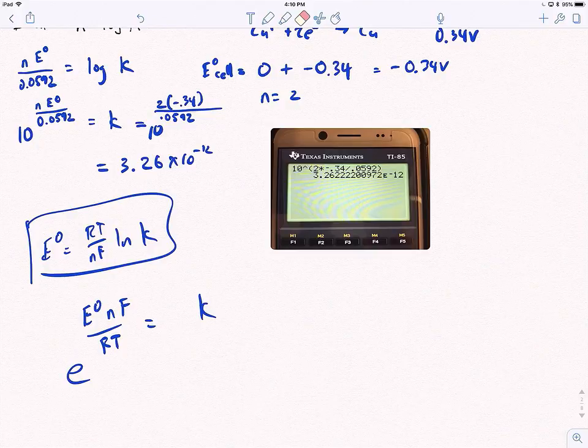It's actually more proper because you're using the natural log instead of the log, and so you have less error that way. But you can use this way as well. I can even show you. The answer is going to be slightly different because of the 2.303, which gives you a truncation error.